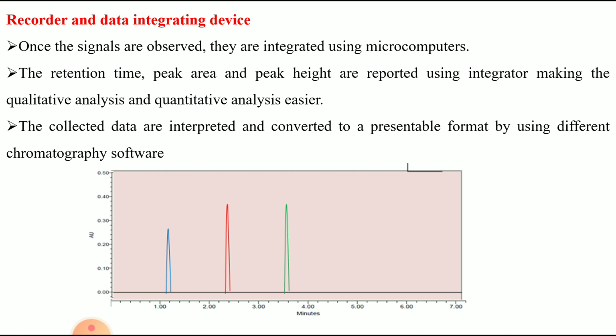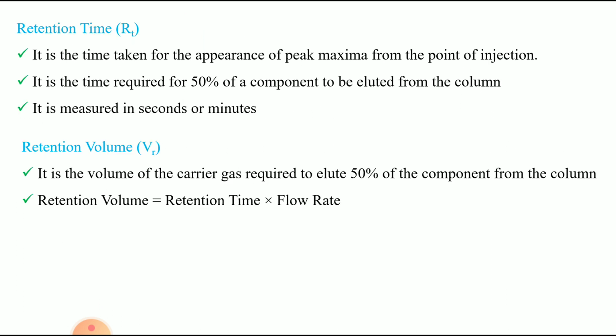So in the chromatogram, retention time is represented on the x-axis. The peak area or area under the curve is represented on the y-axis. Next, what is retention time? It is the time taken for the appearance of the peak maxima from the point of injection for a certain compound.